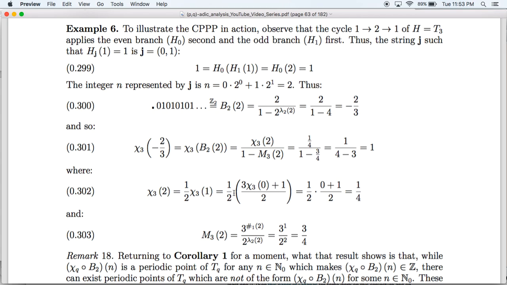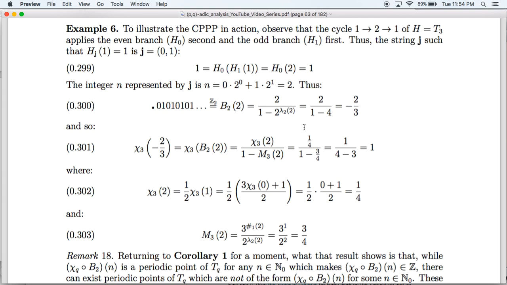The integer n represented by j is 2. So b2 of 2 has the q-adic digit sequence 0, 1, 0, 1, 0, 1, 0, 1, which by the formula for b2 of 2 is 2 over 1 minus 2 to the bits of 2. Since 2 has 2 digits, it's 2 over 1 minus 4, which is negative 2 over 3.